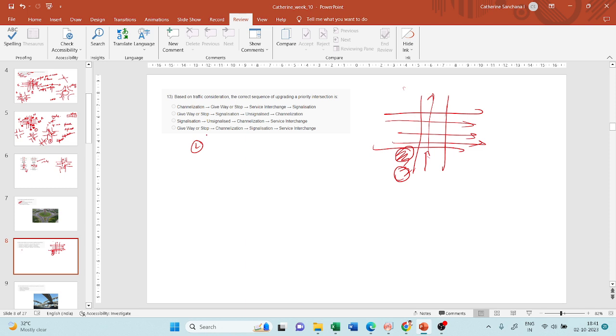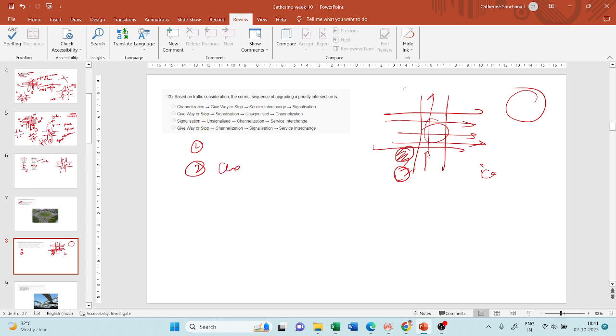Okay. Next one will be to provide a channelization. So what is a channelization? We saw already. A rotary interchange is also a channelization. So when you provide a rotary interchange, the conflict points will be reduced. So first you will just implement signs, and after that you will implement channels.